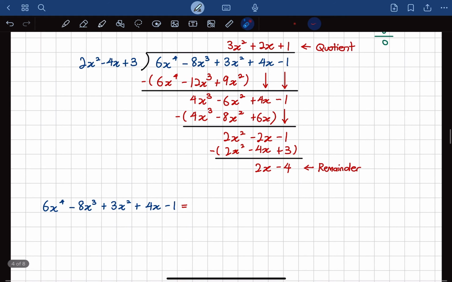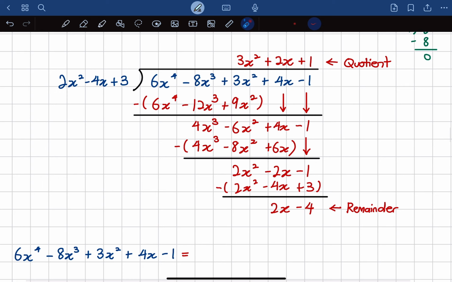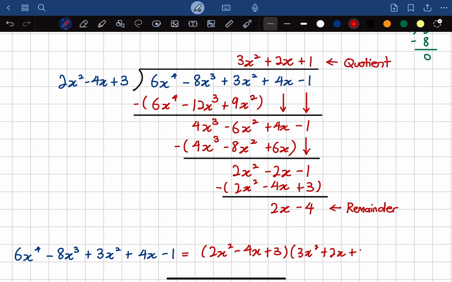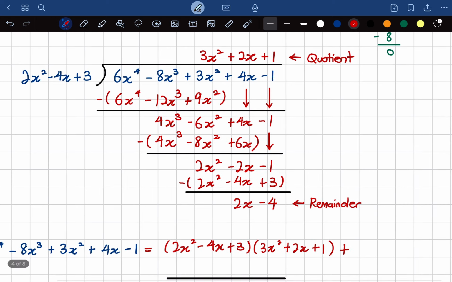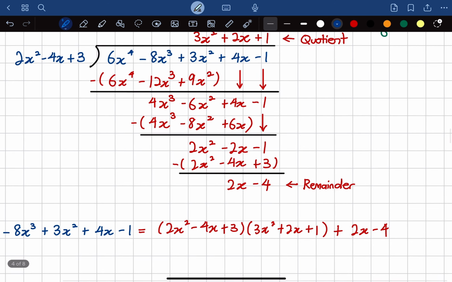So over here, I can rewrite this polynomial to become the divisor, which is 2x squared minus 4x plus 3, times quotient 3x squared plus 2x plus 1, then add the remainder at the end, plus 2x minus 4. So to recap again, this is my divisor. This is my quotient. And the last part over here is the remainder.